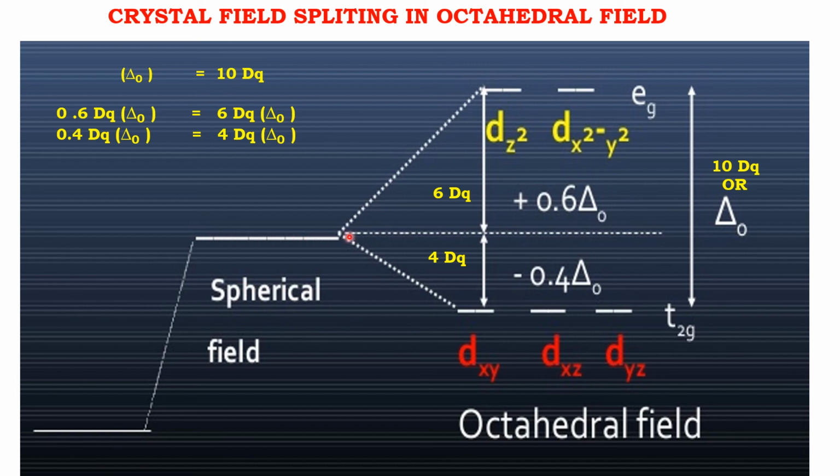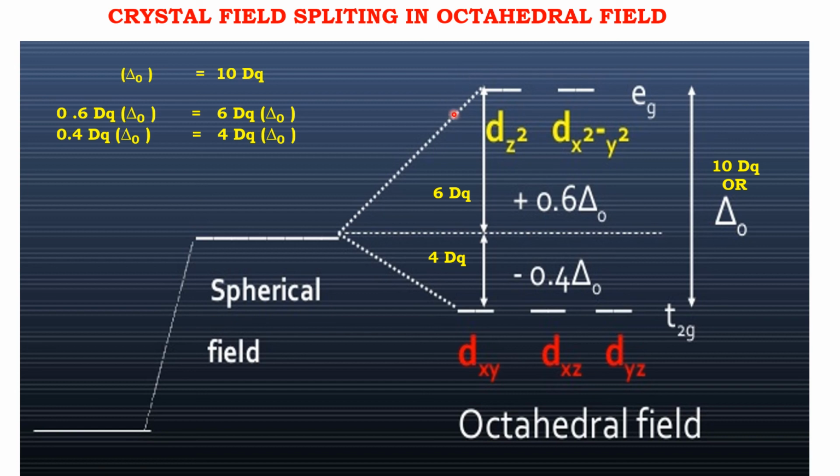So dxy has energy of minus 4dq or minus 0.4 delta O. Dxz minus 4dq. Dyz minus 4dq. That means in total here we have minus 12dq. So this 12dq should be cancelled by these 2 orbitals.